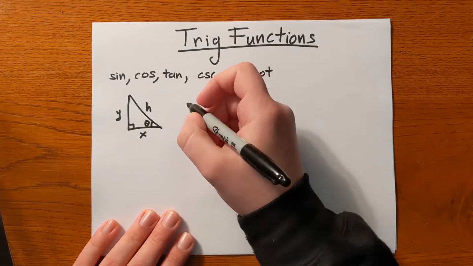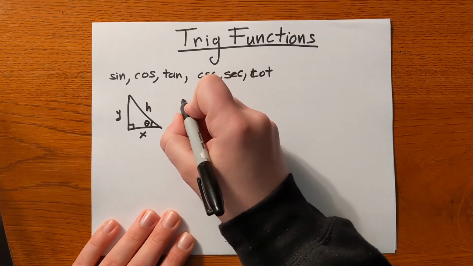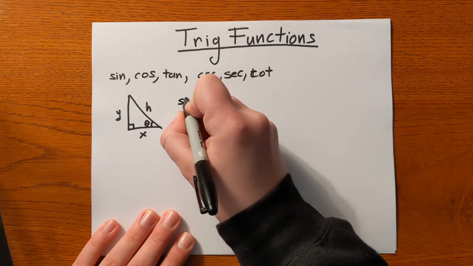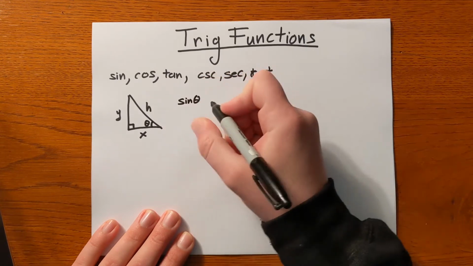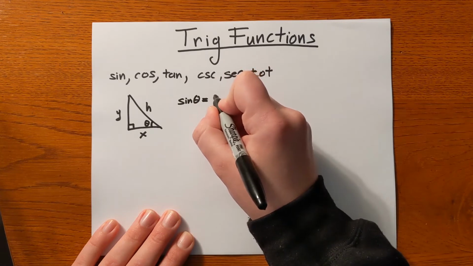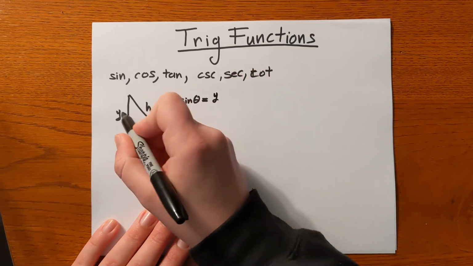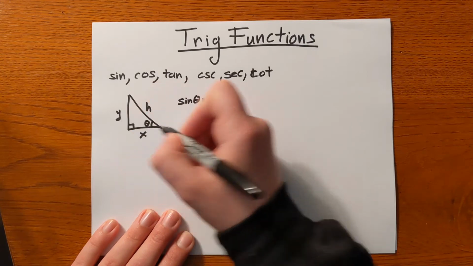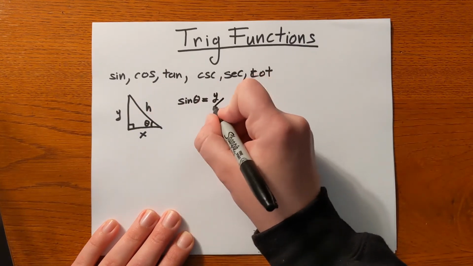So, we talk about sine of theta, and it's defined to be the ratio of the opposite side, because y is the side that's diagonally opposite this angle, over the hypotenuse.